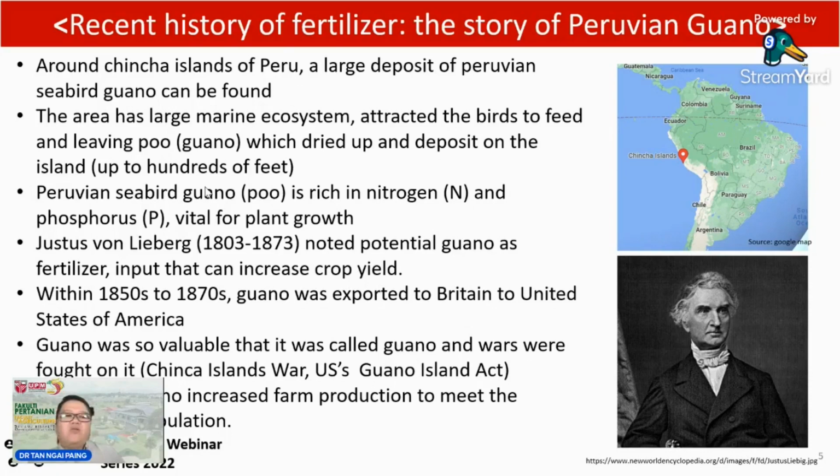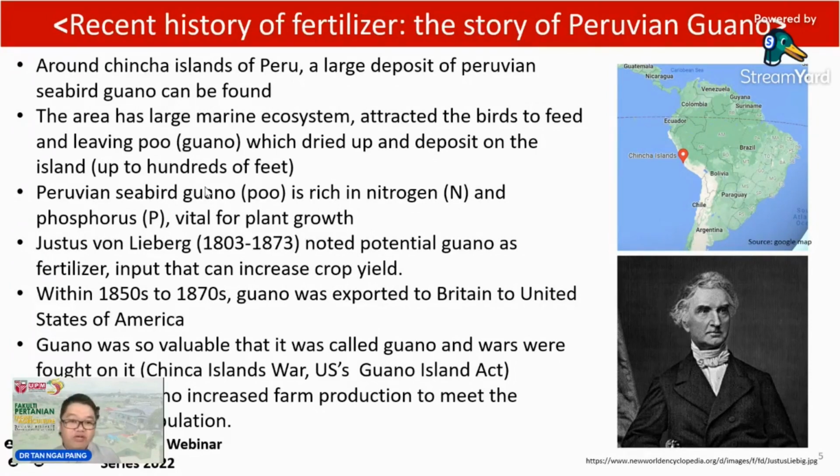So what happened was, this area has a large marine ecosystem because of the way the tide flows around the Chincha Islands, which attracted a lot of fish and seafood, and ultimately a lot of birds feed and prey on this seafood.